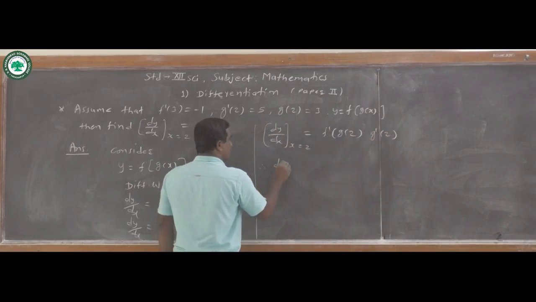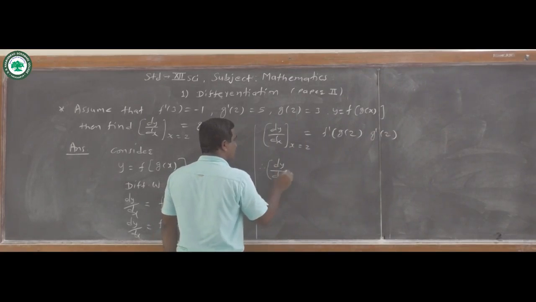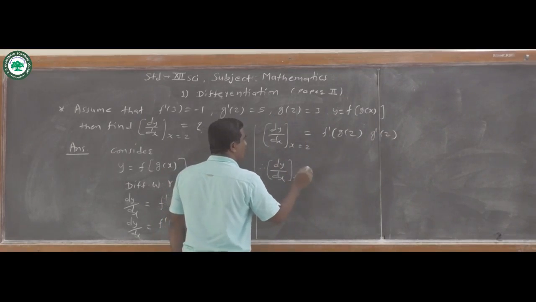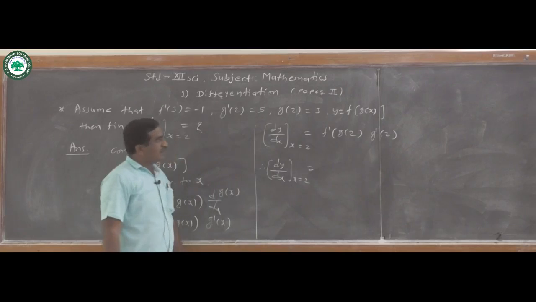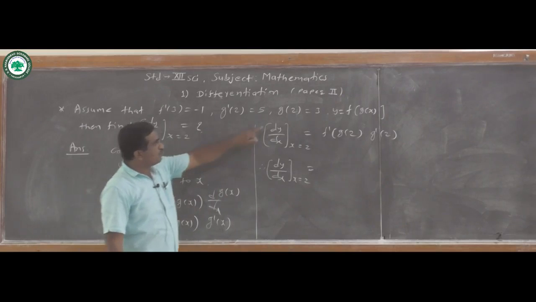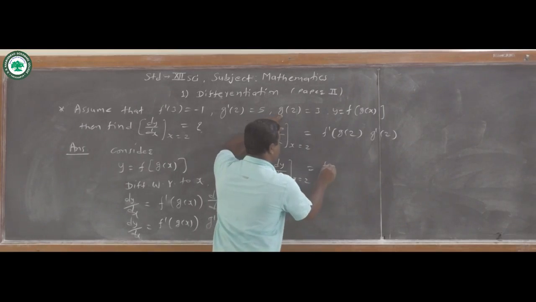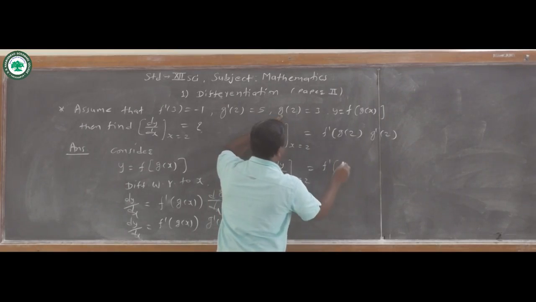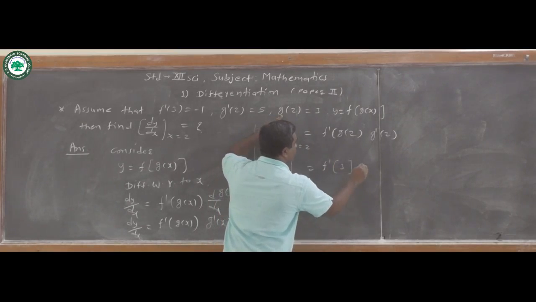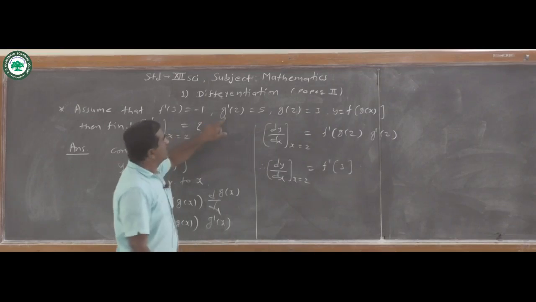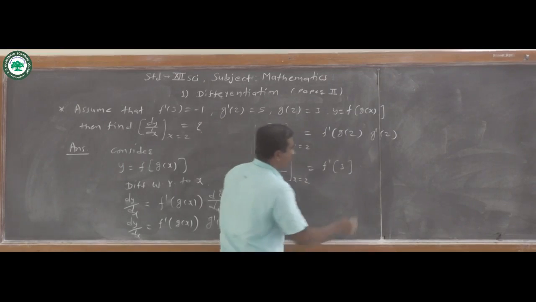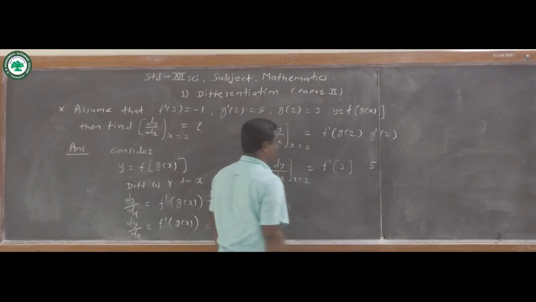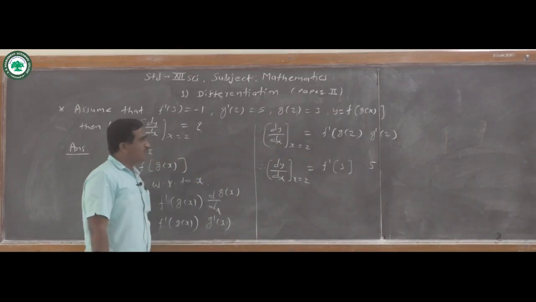Therefore, dy by dx at x equal to 2 is equal to, we have to give one g of 2 is equal to 3 here. Therefore, f dash of g of 2 is f dash of 3 into g dash of 2. g dash of 2 is equal to 5.